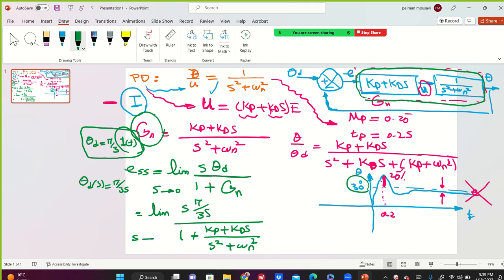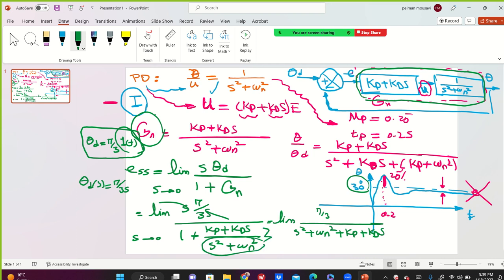When S goes to 0, the limit of pi over 3, S square plus omega n square plus Kp plus KdS, and this goes up, bingo, over S square plus omega n square.